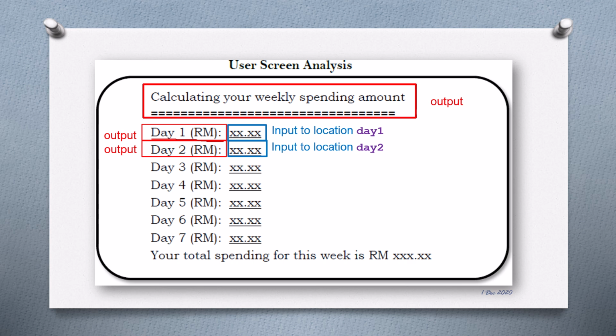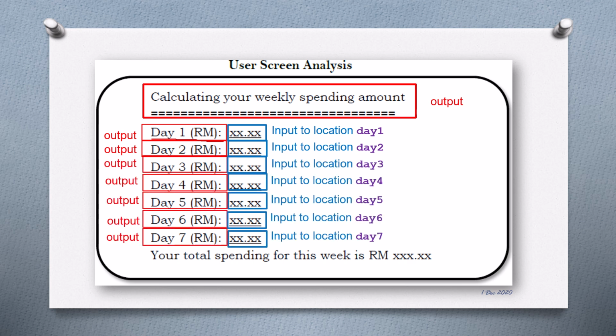So next, for the rest of the days, you have output and also input. You have day 3, day 4, 5, 6, and 7, 7 days. Next one, what about this one? Your total spending for this week is RM, from here to here, you have the output.